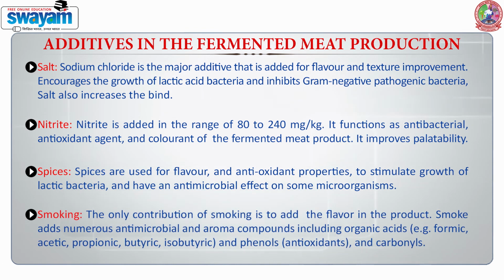Smoking is another process which gives flavor to the product. Smoke adds numerous antimicrobial and aroma compounds like organic acids. The major ones are formic acid, acetic acid, propionic acid, butyric acid, isobutyric acid. It also contains phenols, which act as antioxidants, and also brings about the carbonylation.